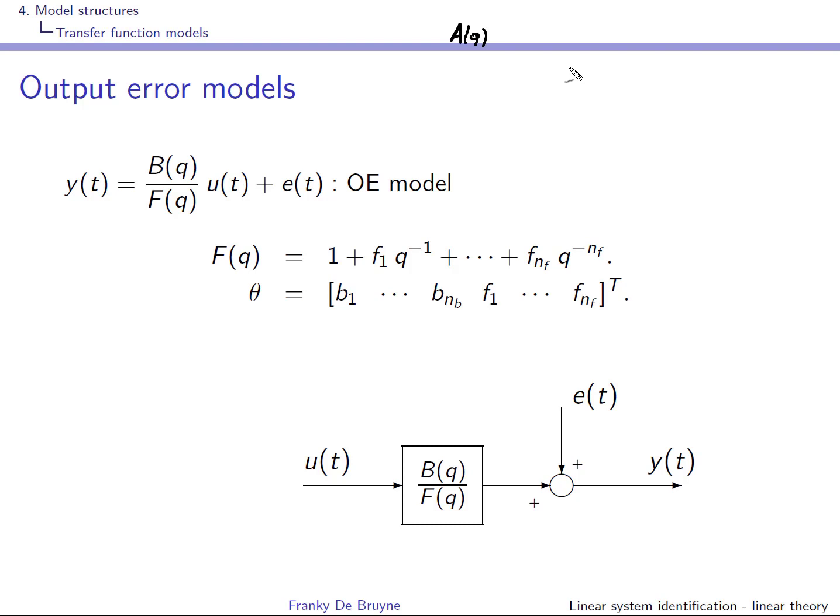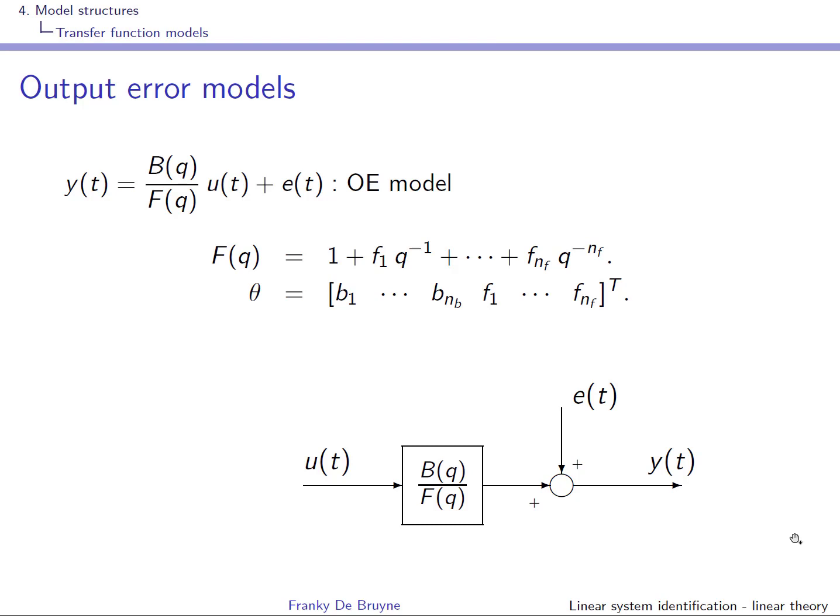Well, then you'll have a mismatch in H, the noise model. But since A is in common with G, this mismatch in H will also cause a mismatch in G, even if your G is capable of representing the real G. So this is why we now consider model structures where G and H are modeled independently.